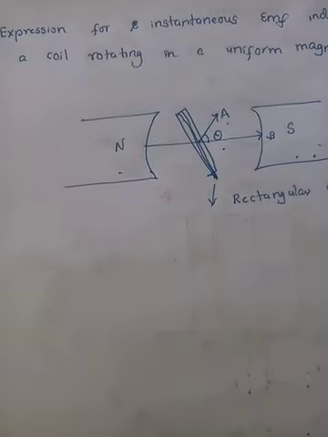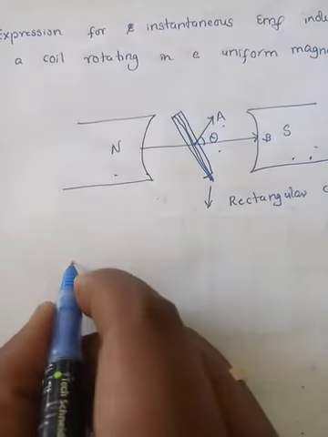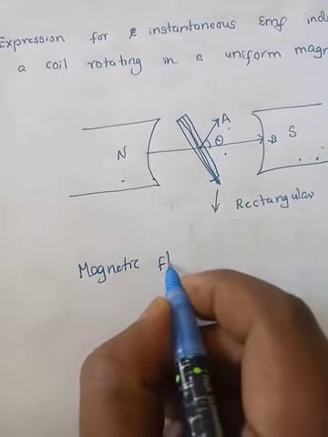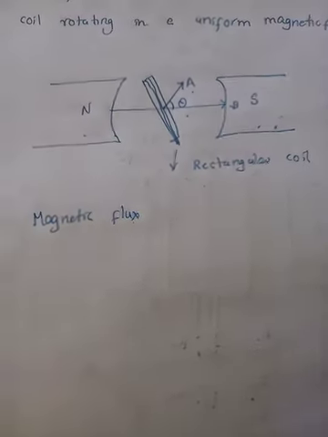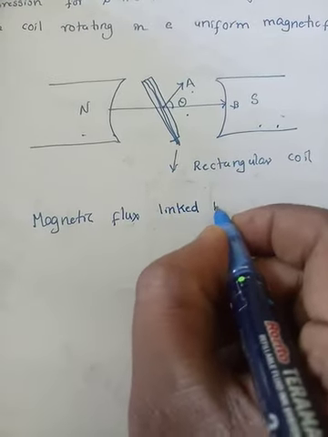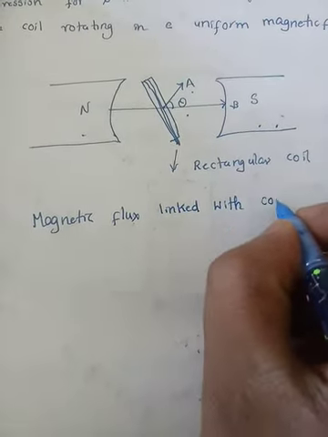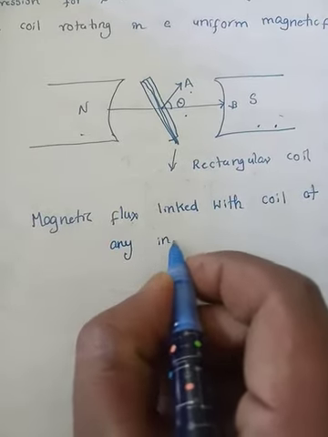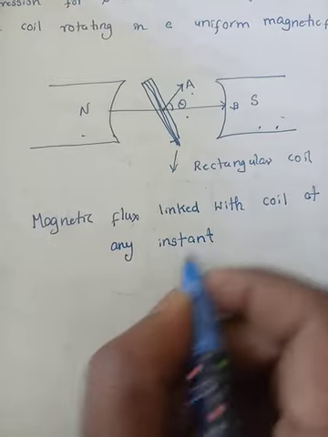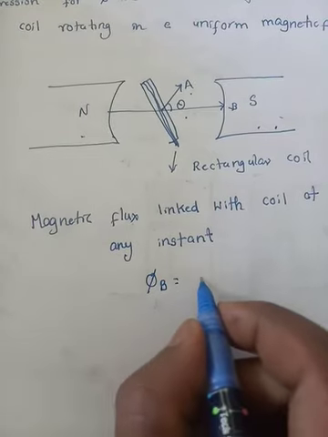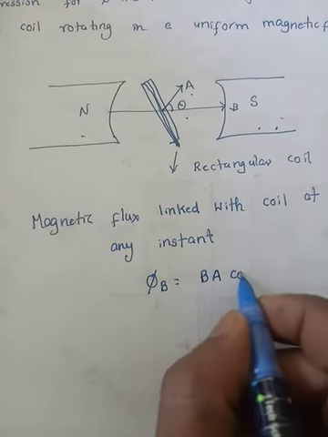Now, because it is a rectangular coil present in a magnetic field having area A, the magnetic flux linked with the coil at any instant is Phi B equals B A cos theta, right.